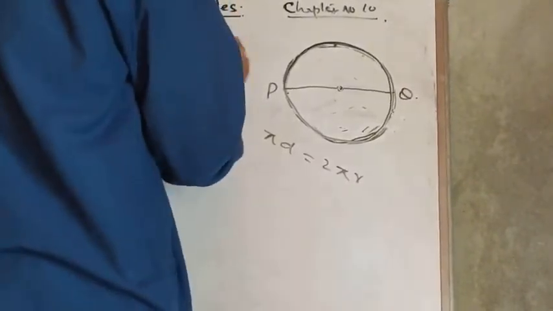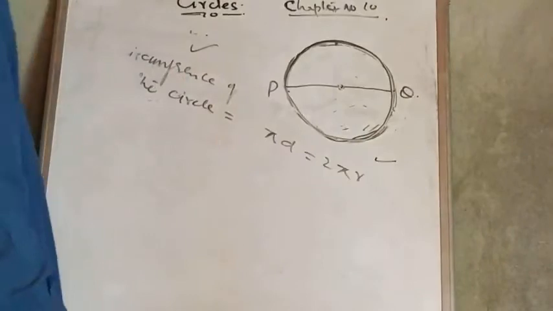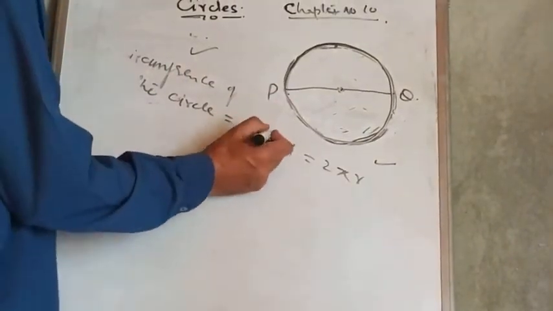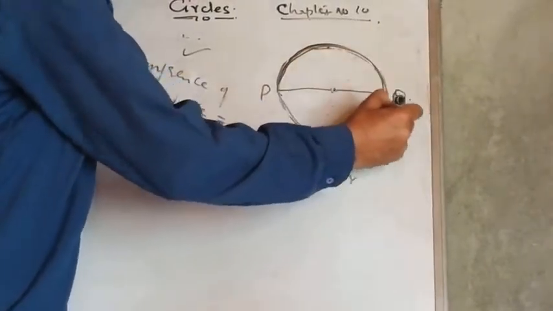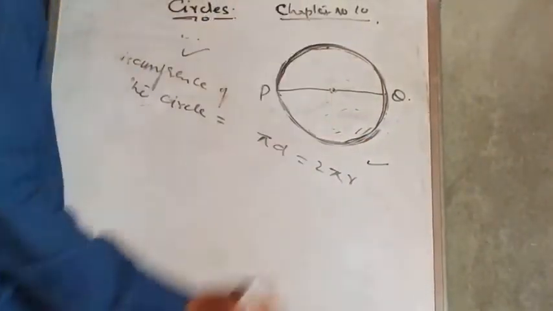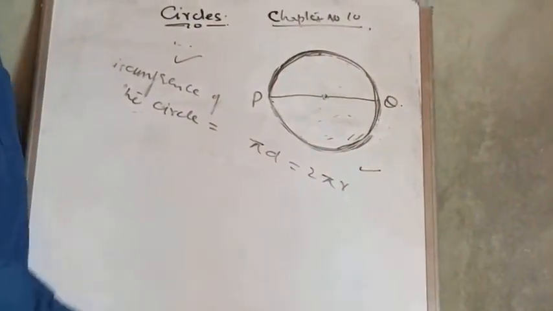So circumference of the circle is given by 2 pi r, or you can write it pi d. This is the length of this portion, this path. This is called the circumference of the circle.